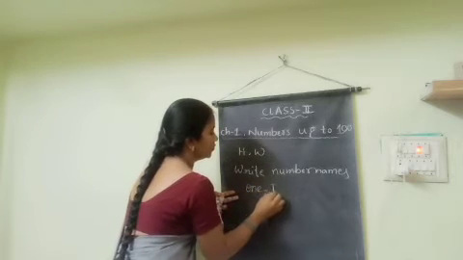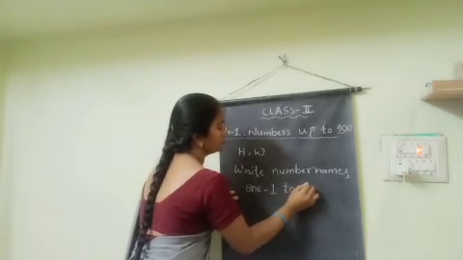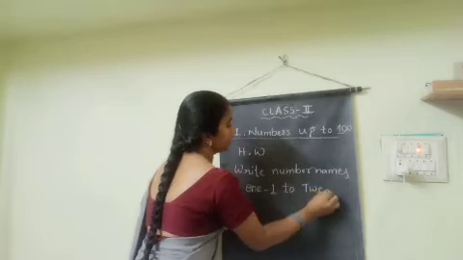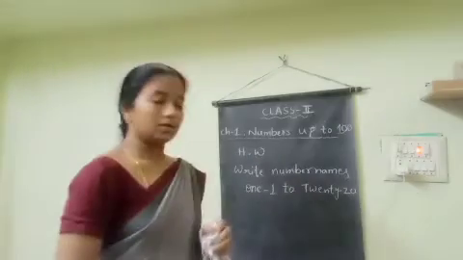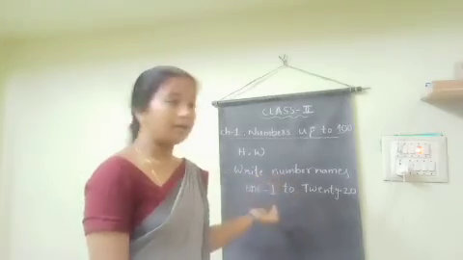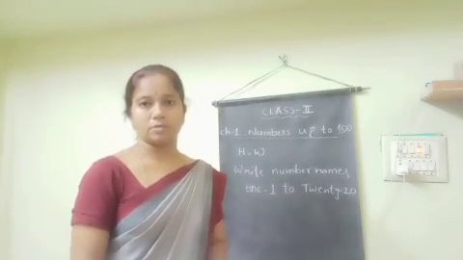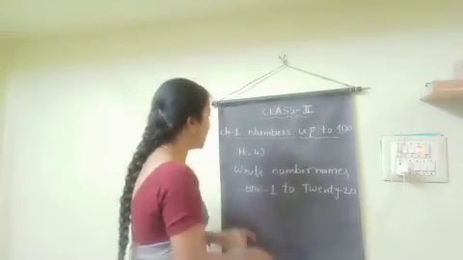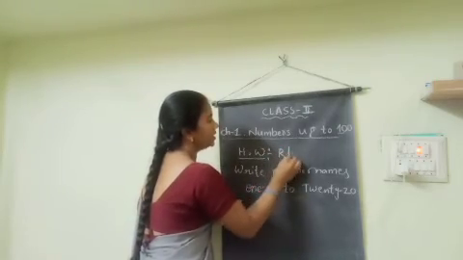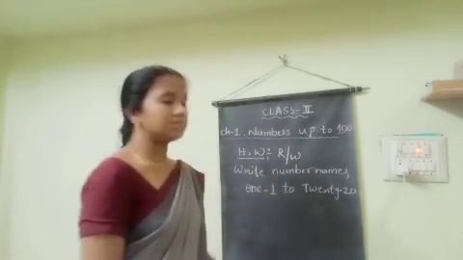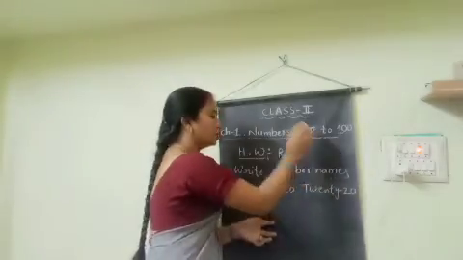ONE 1 to TWENTY 20. Only one time is enough. Read and write these number names. Okay children, so read and write the homework. Read and write the number names 1 to 20.